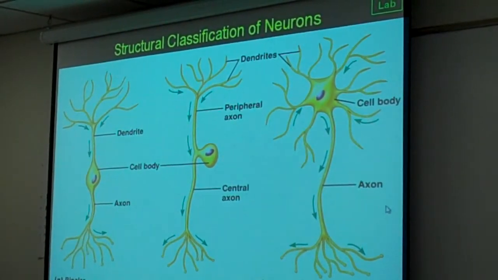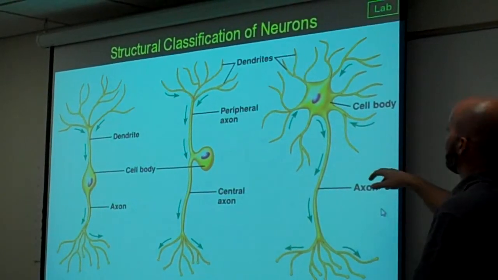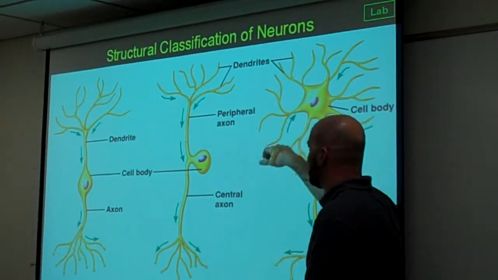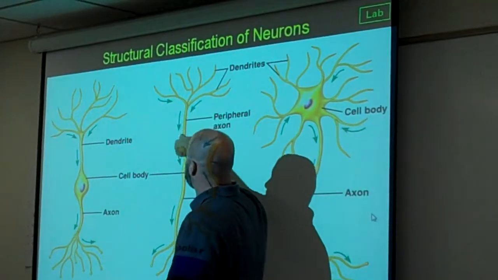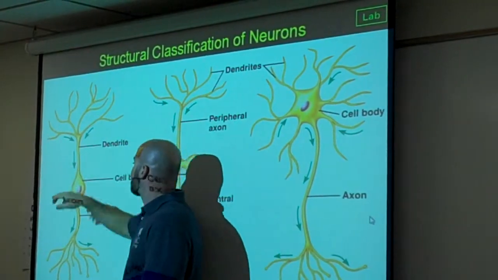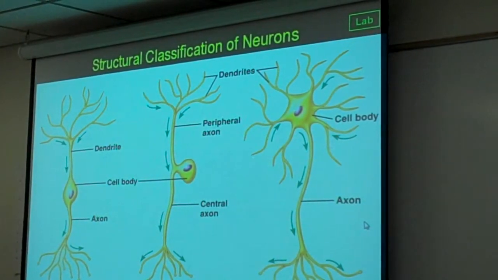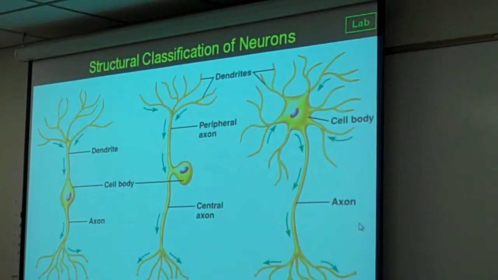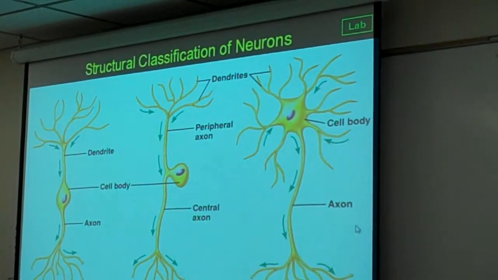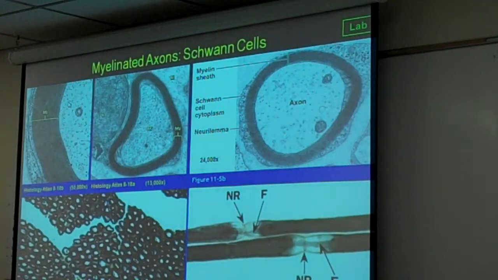Dendrites conduct signals, and the direction is towards the cell body. And those are local potentials, graded potentials. As they spread to and through the cell body, they have to reach the axon hillock.